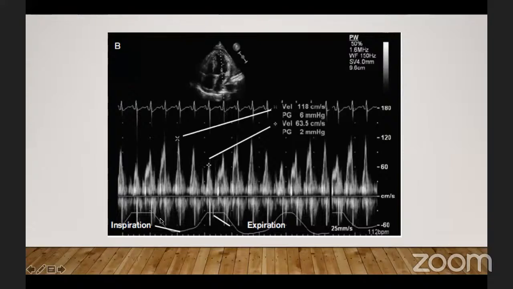You can see the variation with respiration, the inspiration and expiration phases. If there is a variation during the respiratory cycle between the different E waves of more than 25% across the mitral valve, this is indicative of tamponade. And across the tricuspid valve, if it's more than 40%, it is indicative of tamponade.